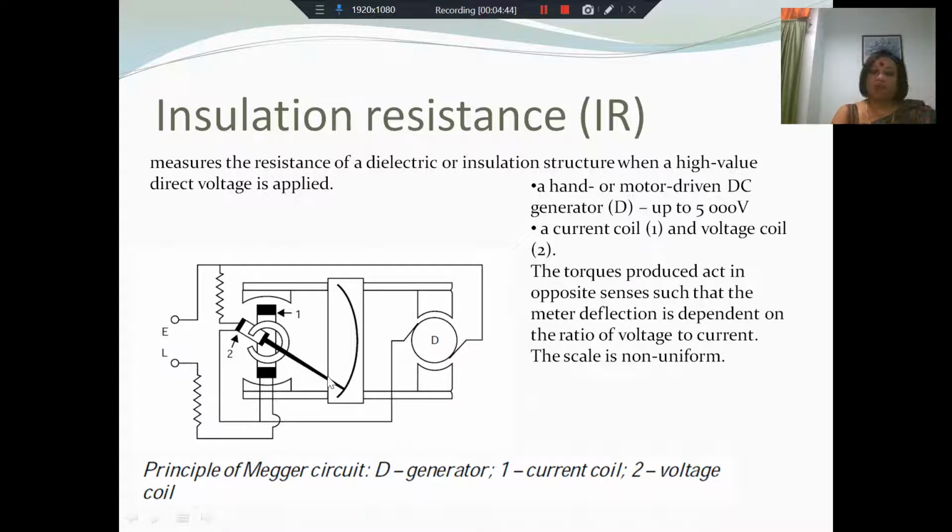Now, when this circuit is energized, the current coil is energized as well as the voltage coil is energized, and as a result, these coils experience torques.